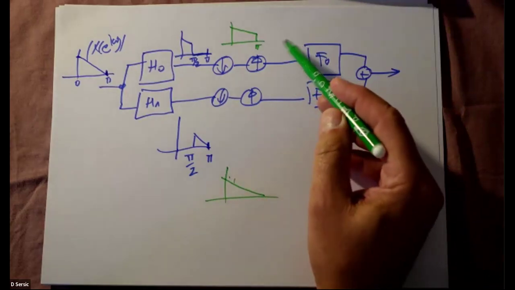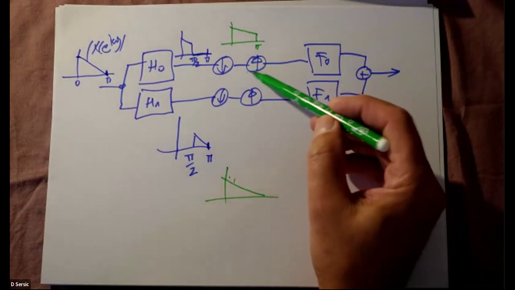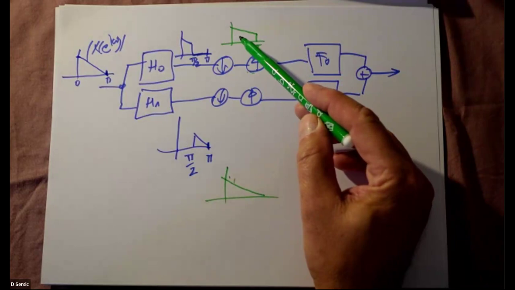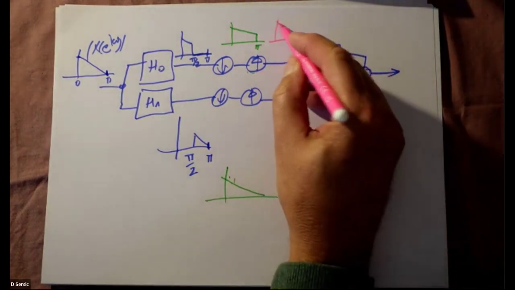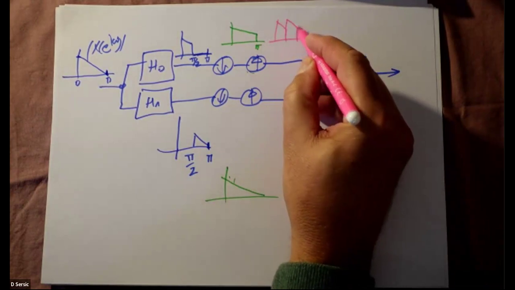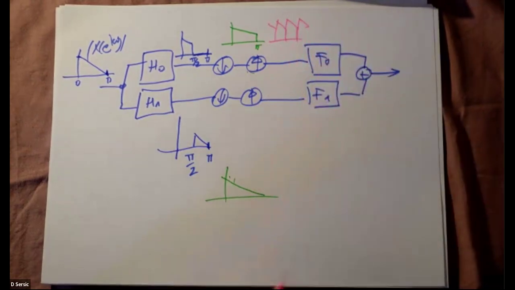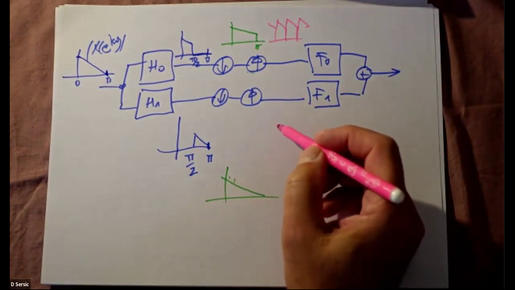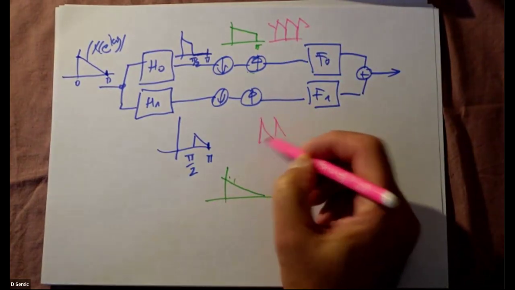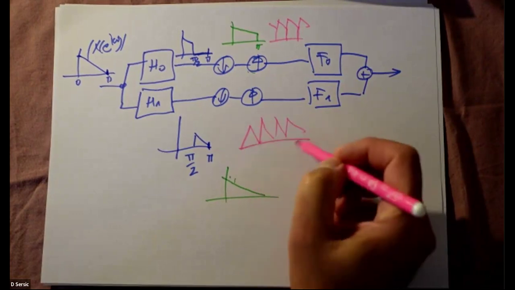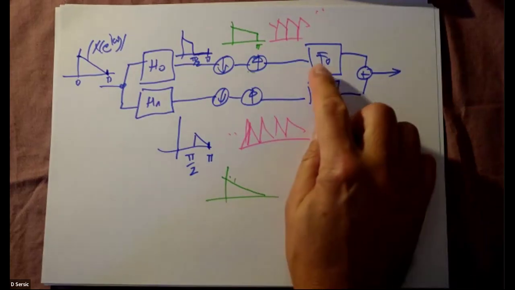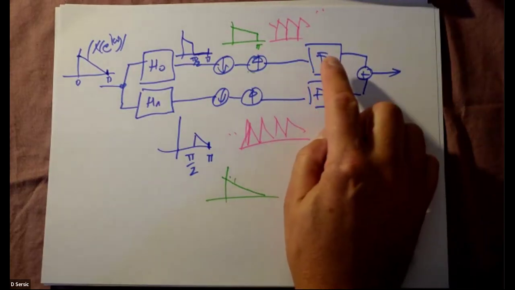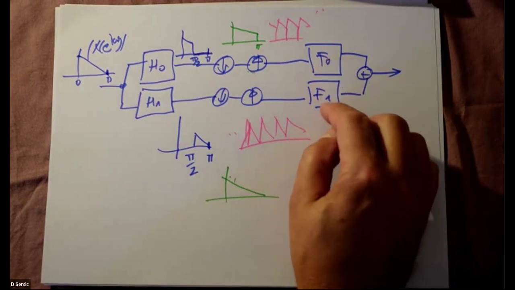Okay, so what happens here after inserting zeros? After inserting zeros, it will again be compressed and repeated. And now we understand why we need, again, the ideal low-pass filter and the ideal high-pass filter.